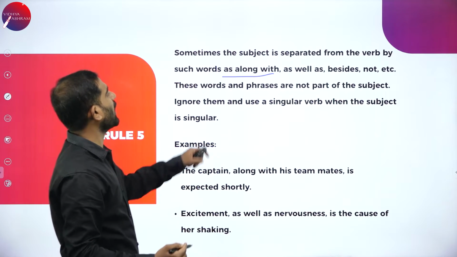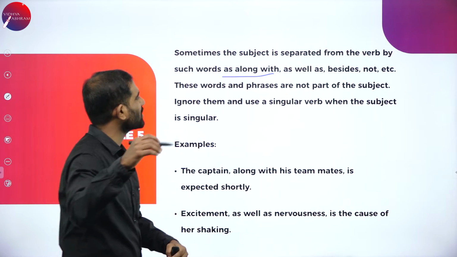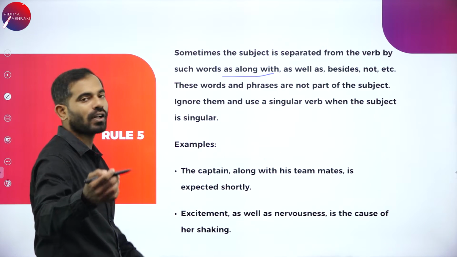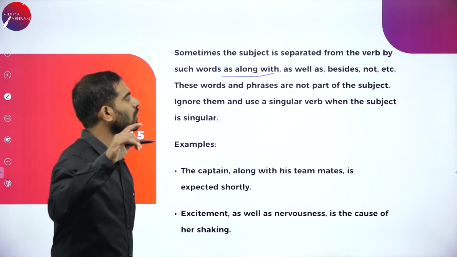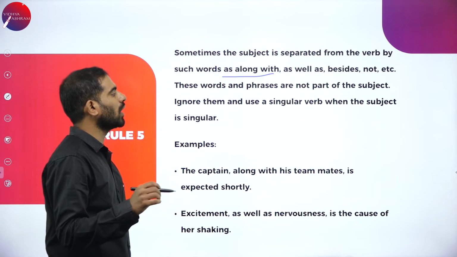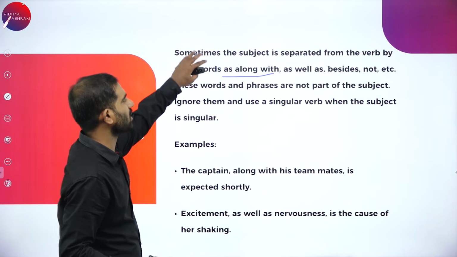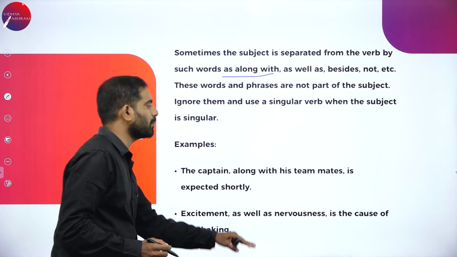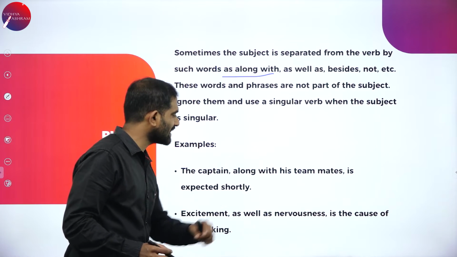But in rule number 5, sometimes the subject is separated from the verb by such words as along with, as well as, besides, not, etc. These words and phrases are not part of the subject. Ignore them and use a singular verb when the subject is singular. This is a bit difficult to understand, so I've taken up a couple of examples. Let me explain this using these examples.